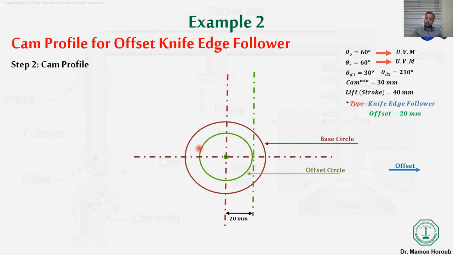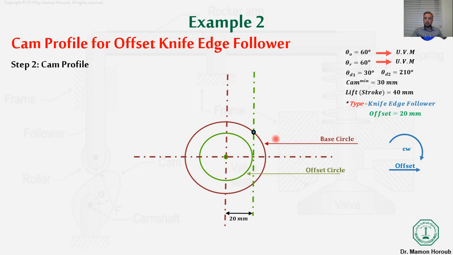This offset circle is different from the previous example, and we will depend on this circle to draw our cam profile. Now we will assume our cam will rotate clockwise. That means we need to imagine that the follower will move to the left side, or counter-clockwise.